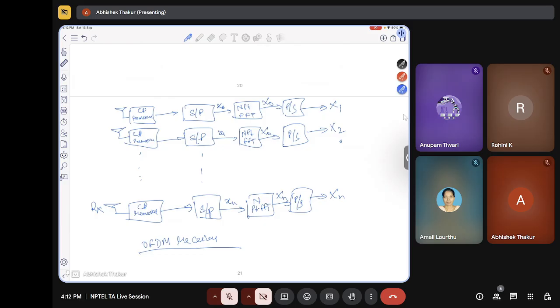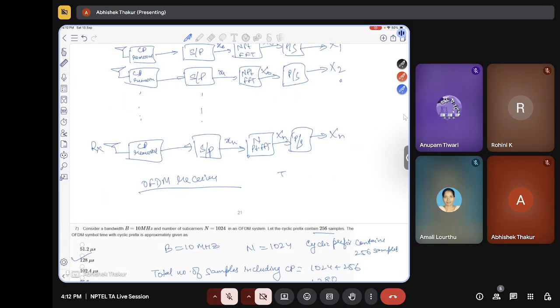Also, to reduce inter-block interference, a cyclic prefix or zero padding is used.